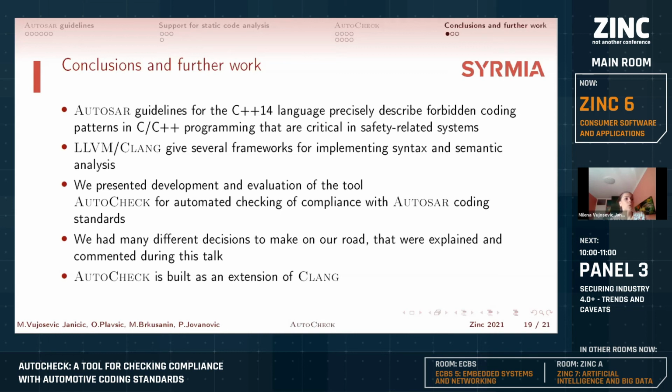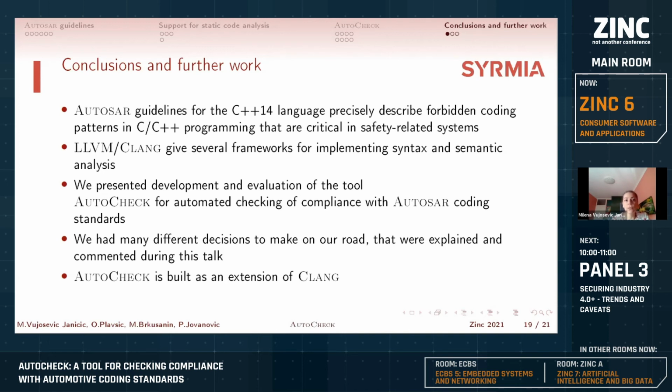So to conclude, Autosar guidelines for the C++ language precisely describe forbidden coding patterns in C and C++ programming that are critical in safety-related systems. And here today I present the development and evaluation of the tool named AutoCheck for automated checking of compliance with these Autosar coding standards.